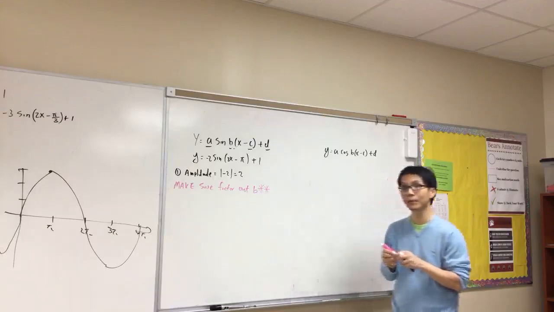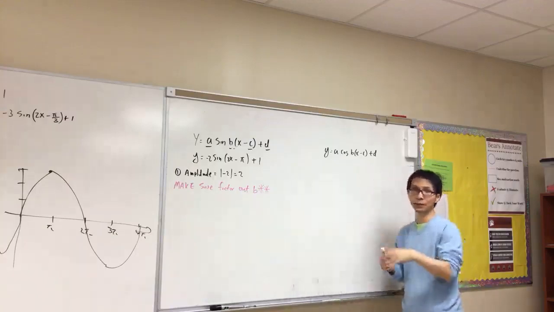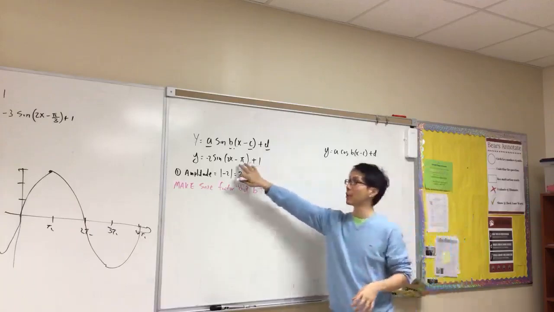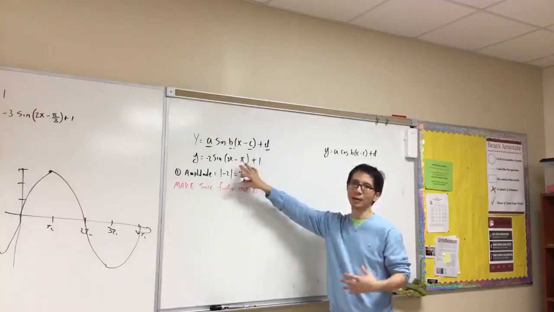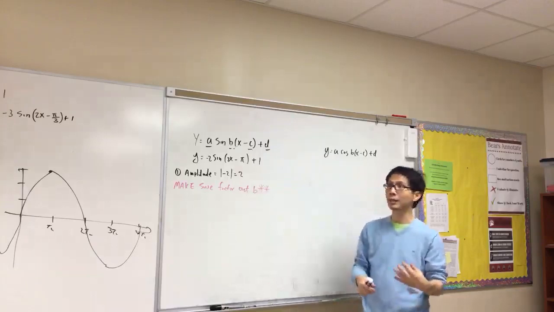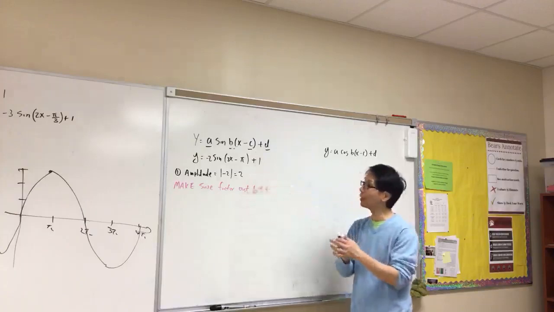It's a very important step. Before you find the period, factor out, because your horizontal shift is different. If you leave the 2 inside, you think the horizontal shift is pi to the right, but it's actually not. It's actually pi over 2 to the right. So you have to make sure it's in this format. It's much better than this format.